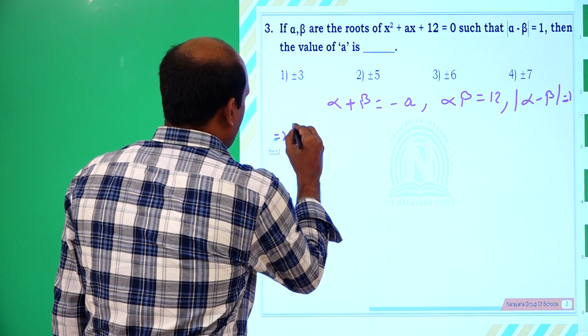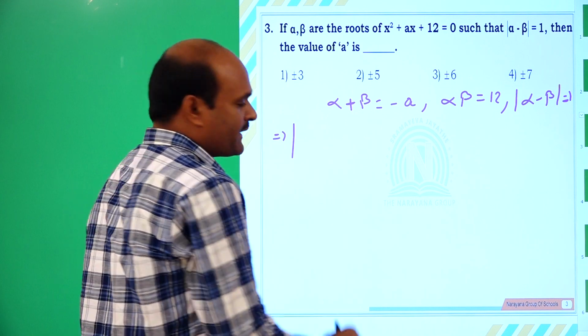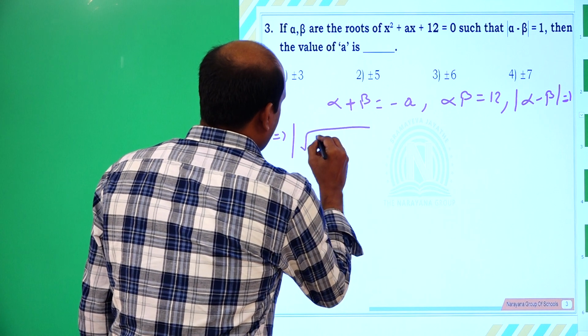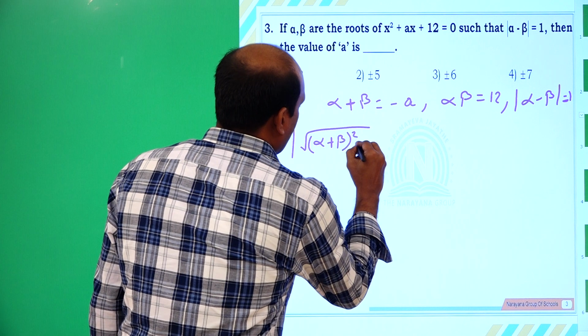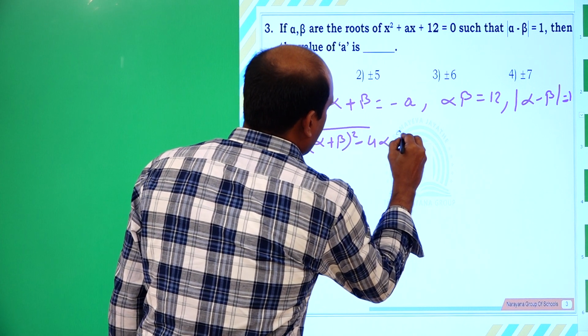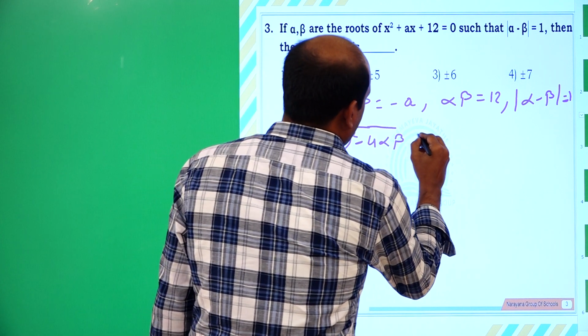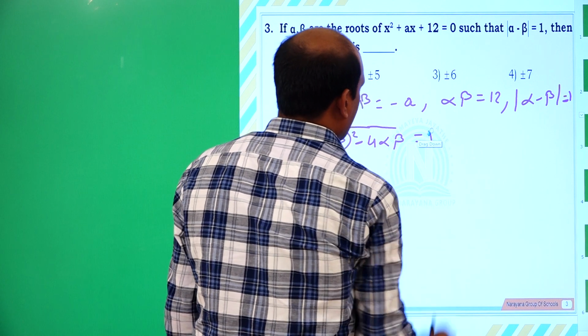That implies modulus of alpha minus beta can be written as square root of alpha plus beta whole square minus 4 alpha beta is equal to given 1.